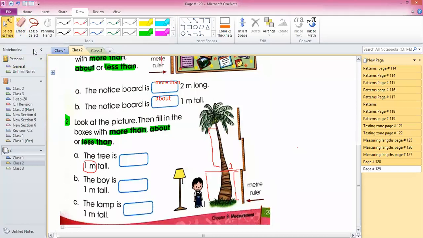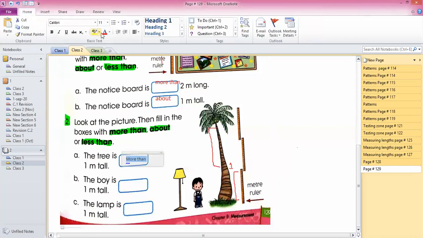So you are going to write more than. It is more than 1 meter tall.